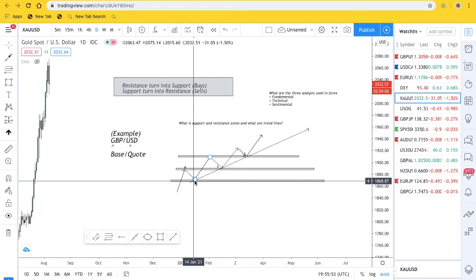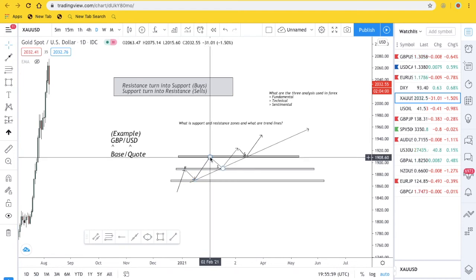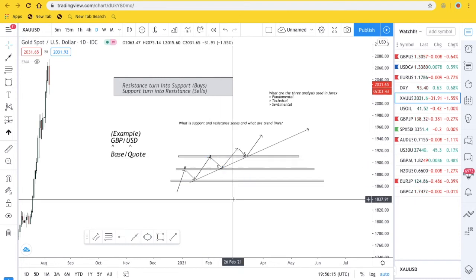When you jumped, boom, you just hit a ceiling. Like your ceiling or your roof, that is your resistance. Once you hit your head on the roof, gravity takes you back down. That's what you call resistance. So your ceiling is resistance, and your floor is your support.